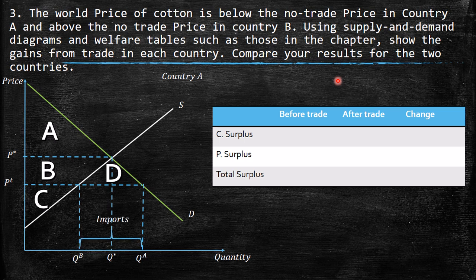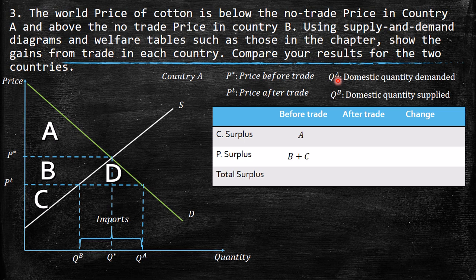There are going to be imports, so this is their situation. Naturally, there is going to be a welfare change. Producers are going to be worse off because of the imports, and consumers are going to be better off, but in total the economy is better off because of D, which is new and wasn't there before the trade.